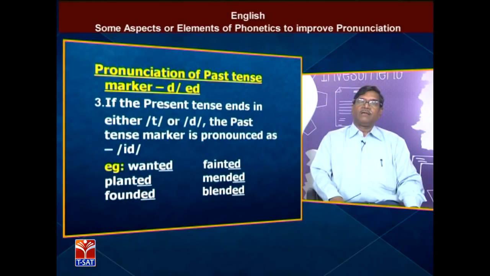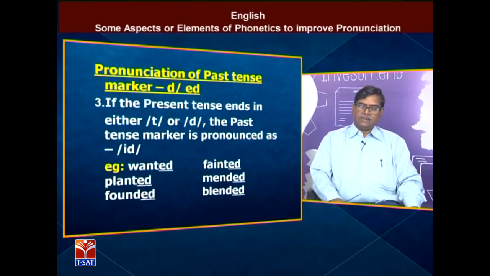In the first case, the present tense ends in a voiceless consonant other than t. In all such cases, the past tense marker is pronounced as t. And in this second case, the present tense ends with a voiced sound other than d. Then in such cases, the past tense marker is pronounced as d.